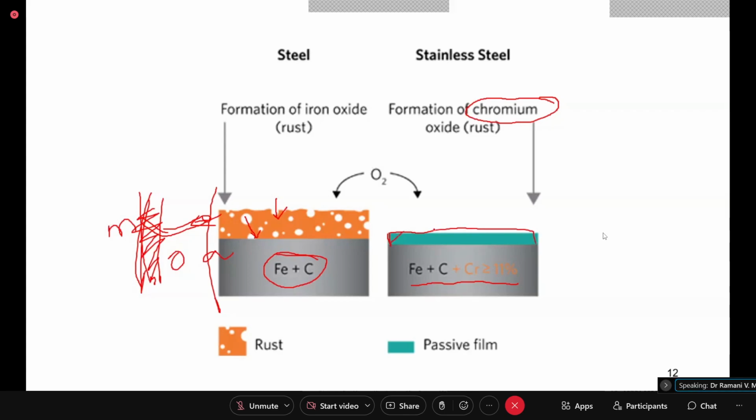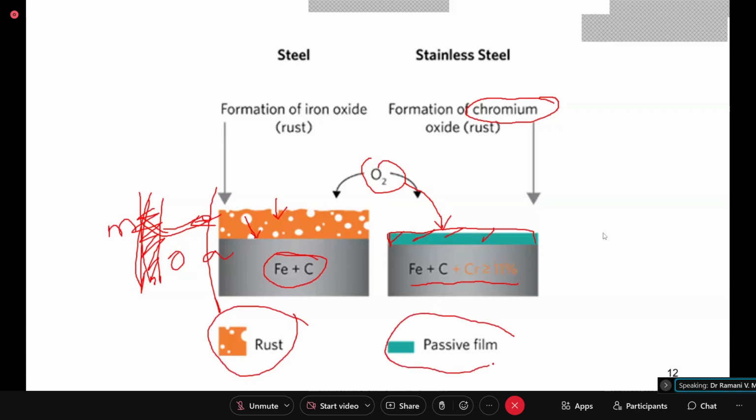This film will not allow the oxygen to take part in further reaction, and the corrosion will stop. Some films allow further corrosion to take place, whereas a film formed here can stop the corrosion, and such a film is termed a passive film.